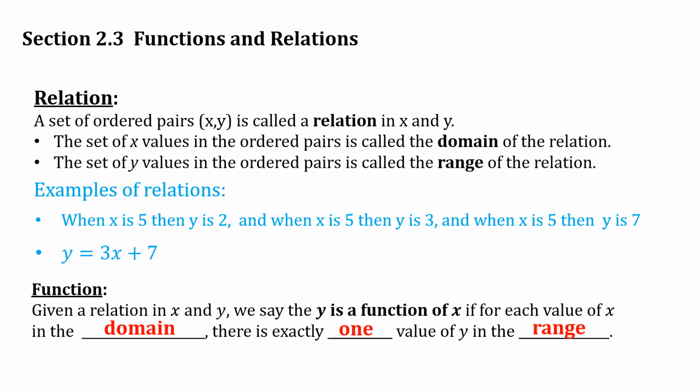This is a function because if I put in the number 2, 3 times 2 is 6, plus 7 is 13. The only thing you can tell me back is 13. You can't say 7 or 3. That's the function. A function has a distinct answer for any input. The input's in the domain, the answer's in the range.